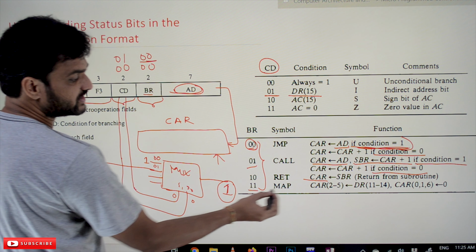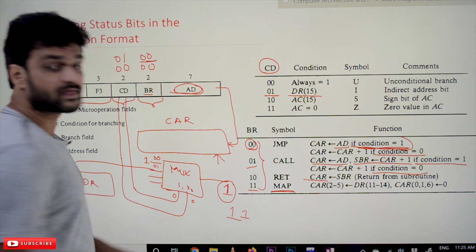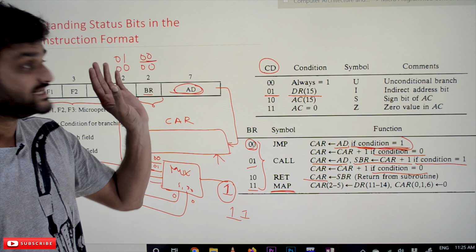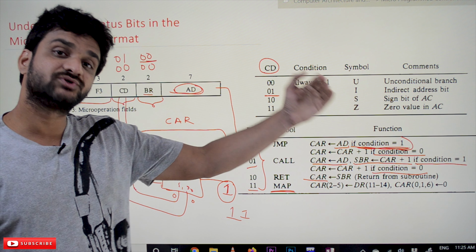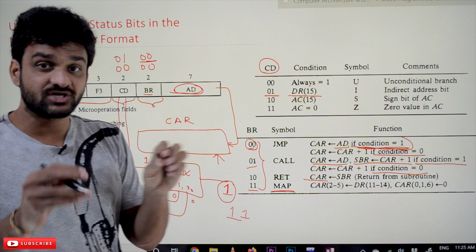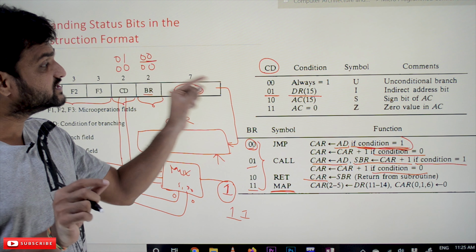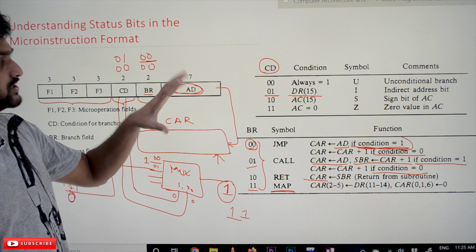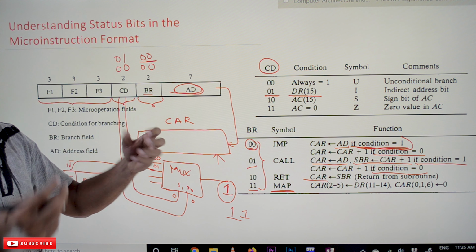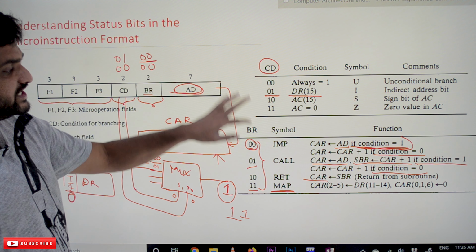If the BR value is 11, we have to map the instruction's address. How the mapping has to be done, we will try to understand in our later videos. Just try to remember what the status bits are. What you have to get the feeling of is that there are some bits, CD and BR.